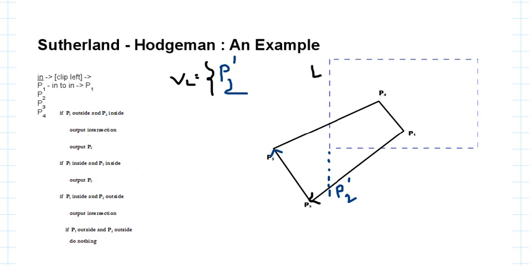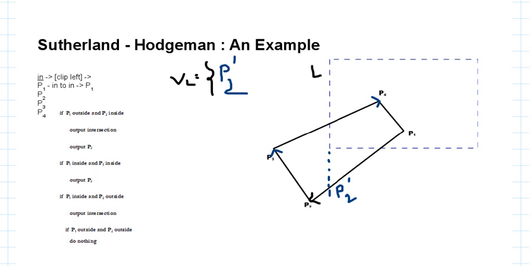Then go to the third line, that is the line from point P3 to point P4. You have to follow the same directional convention. Now if you look into the four conditions, then this first condition gets satisfied. Here P3 is outside and P4 is inside.